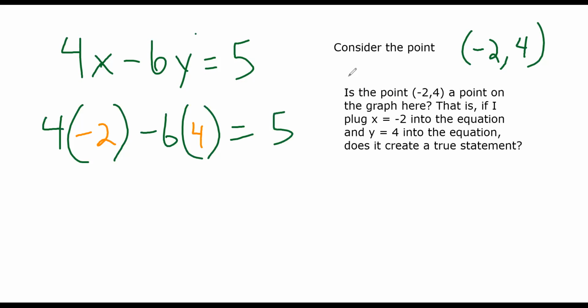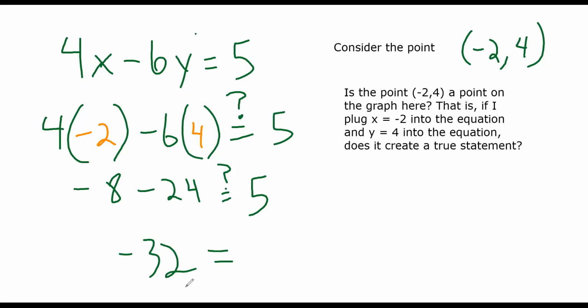And then we're saying it's equal to 5, but really we're asking, is it equal to 5? If it is, then yes. Well, you work out the math, you're going to figure out pretty quickly that's not the case. -8 minus 24, is that equal to +5? No. You get -32 on the left. Is not equal to 5, no.